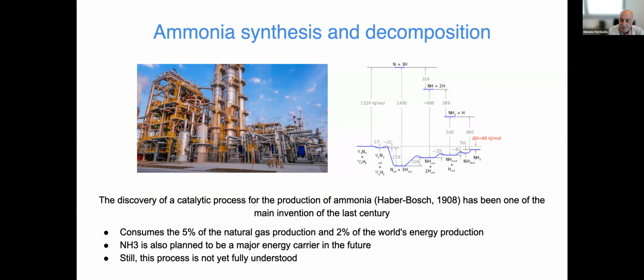All over the world, there are millions of factories that produce ammonia, but this is a very energy-intensive process, and so a significant fraction of the world energy is spent on producing ammonia. And so that's interesting per se.